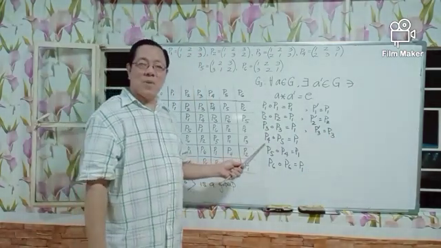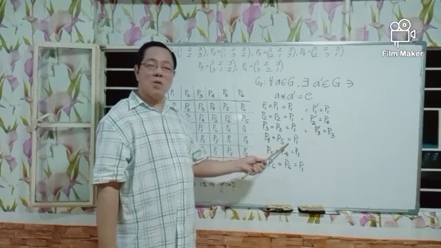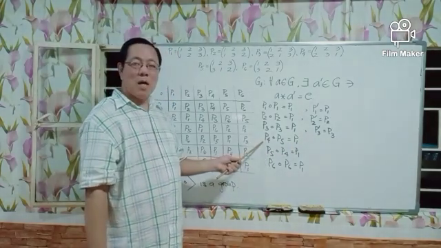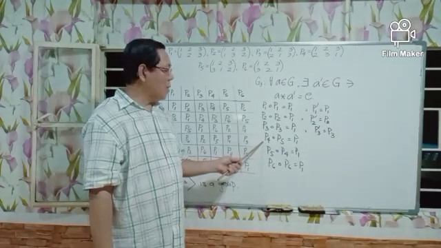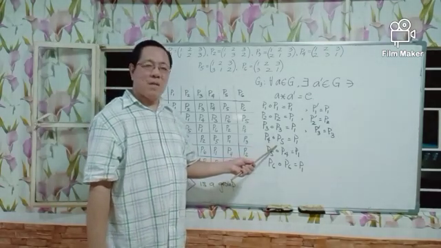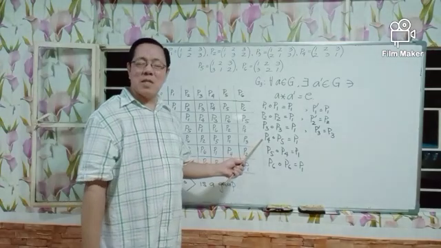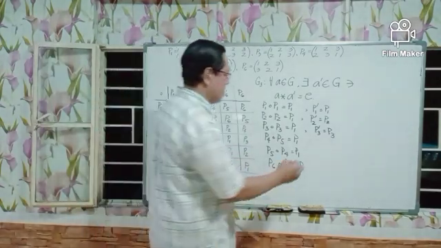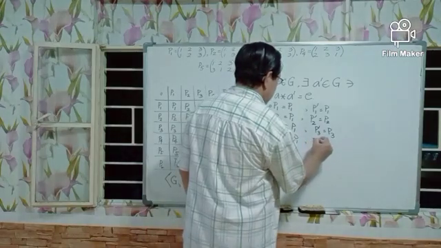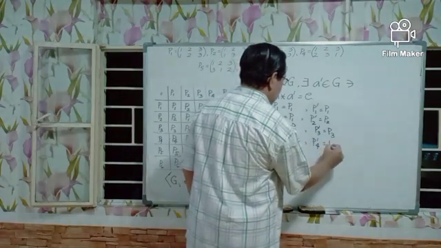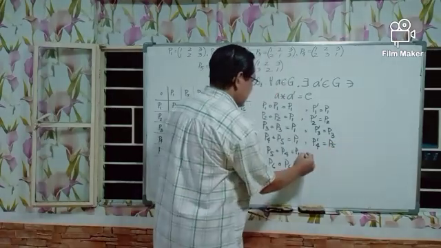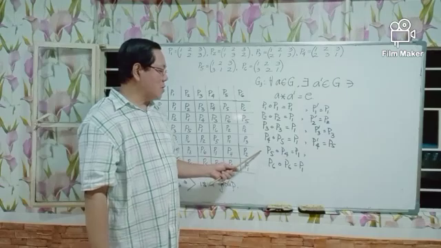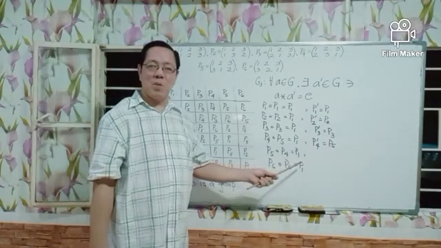The composition of the functions P4 and P5 is equal to the identity element P1. Therefore, we conclude that the inverse element of P4 is P5. And the inverse element of P4 is denoted by P prime sub 4. In the second to the last line, the composition of P5 and P4 is P1.